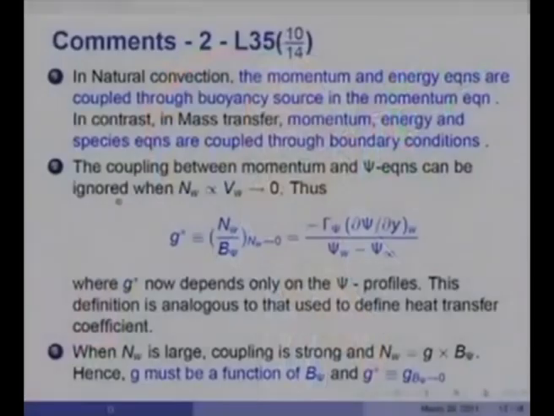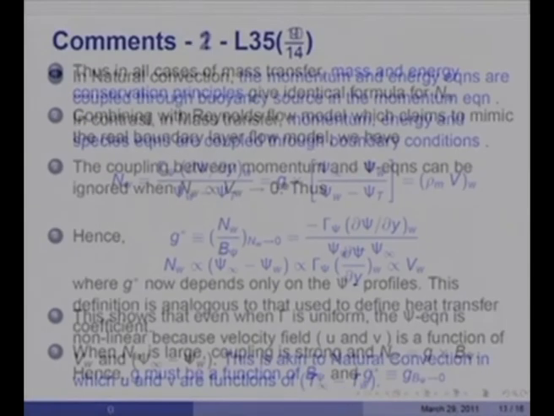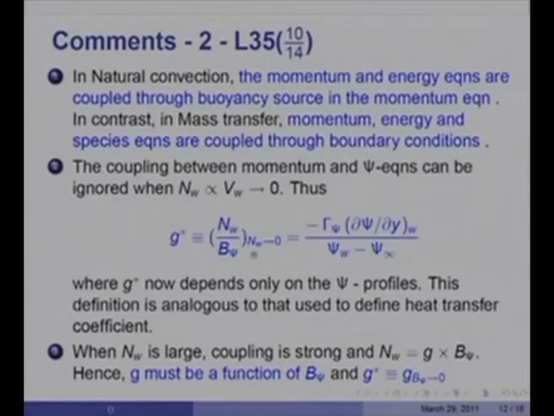So the coupling between the momentum and psi equations can be ignored when NW, which is proportional to VW, tends to 0, which means if the mass transfer rate is very, very small, then we can say that G star, which is the value of G for small mass transfer rates, that is NW divided by B as NW tends to 0, would be minus gamma psi d psi by dy at W divided by psi W minus psi infinity.